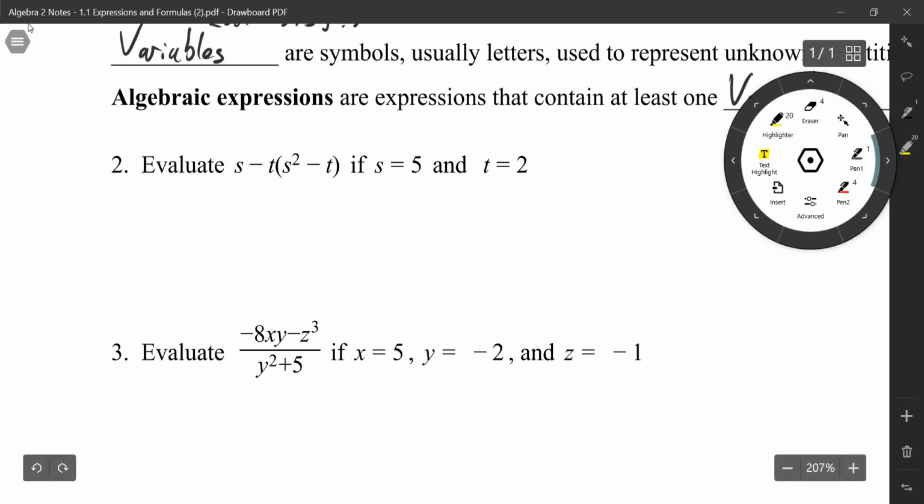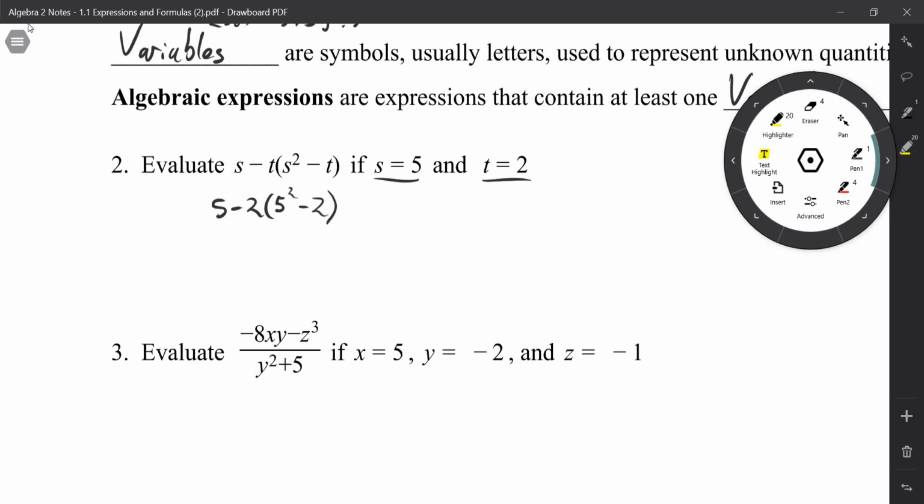But first off, this first one, just to get us warmed up here, let's substitute these s's with 5s and these t's with 2s. So we have 5 minus t, which is 2 times the quantity s squared. I said s even though it was a 5. Let's see, 5 squared minus t is 2.